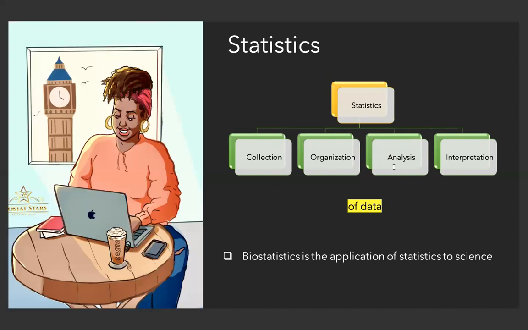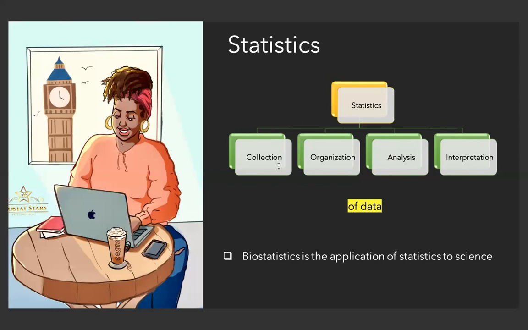I'm going to say it again. All of this makes up the concept of statistics. Statistics is all about collection of data, organization of data, analyzing the data, and interpreting the data.